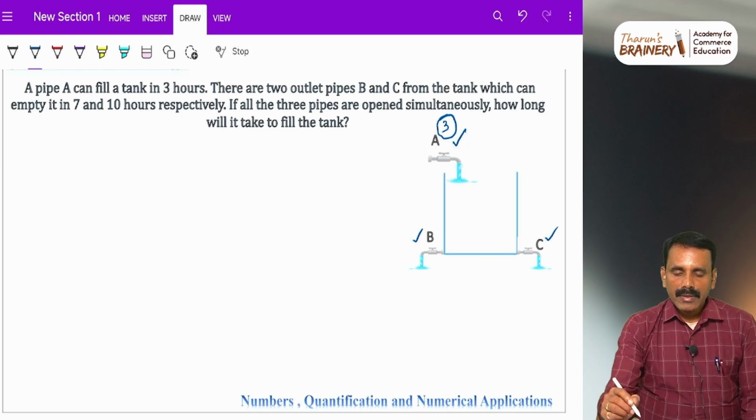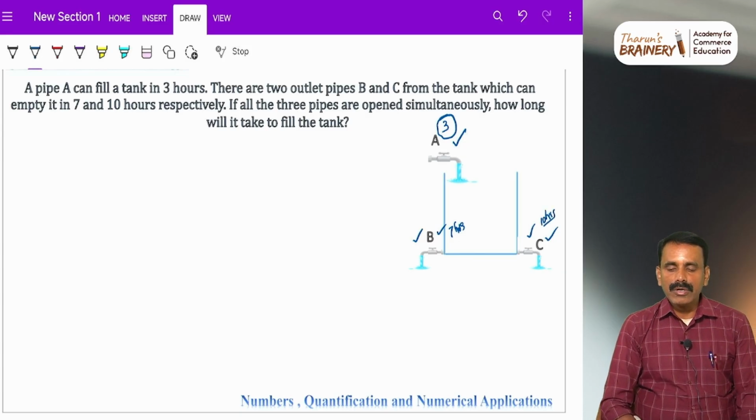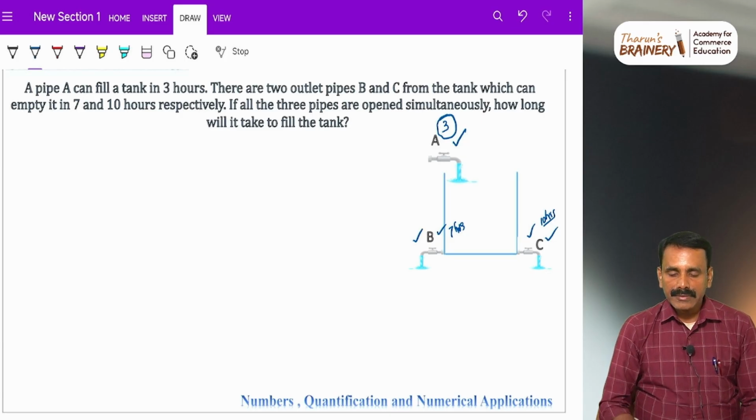And pipes B and C are going to empty the tank. One is going to take 7 hours to empty the tank, and the other is going to take 10 hours to empty the tank. When these 3 are operated simultaneously, how much time will it take to fill the tank?